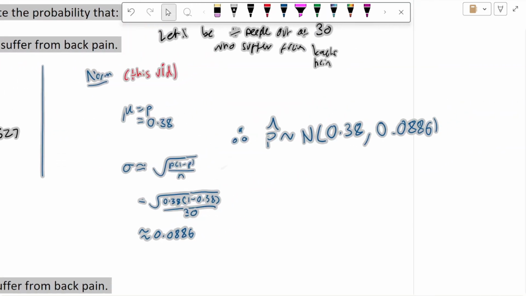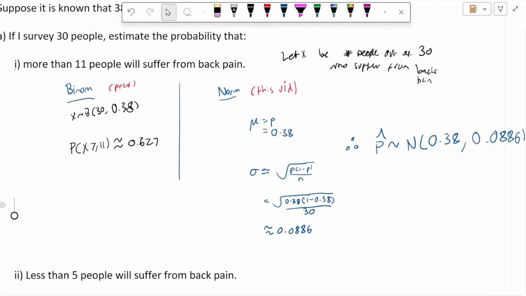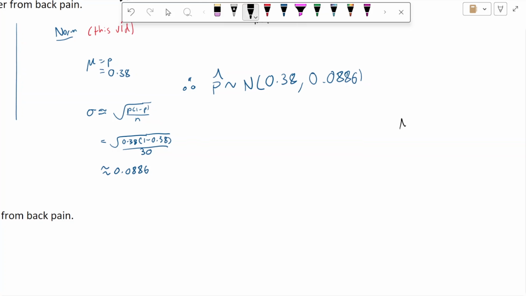And we can sort of see what that's going to give us. So if we want more than 11 out of 30, what I'm actually going to be wanting is probability that when I do my survey, p hat will be bigger than 11 out of 30. Roughly equals, and we're going to use normal CDFs to figure this out.